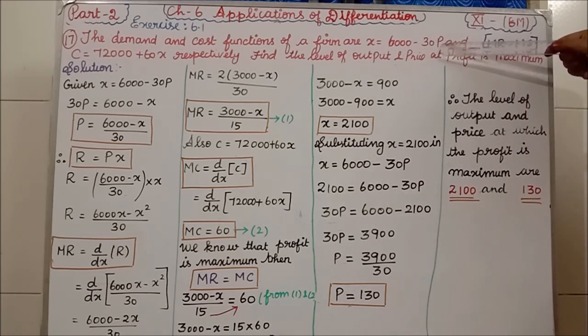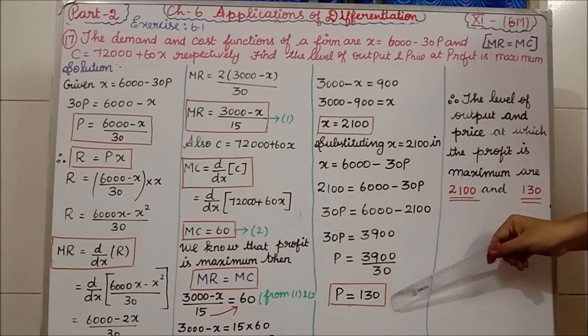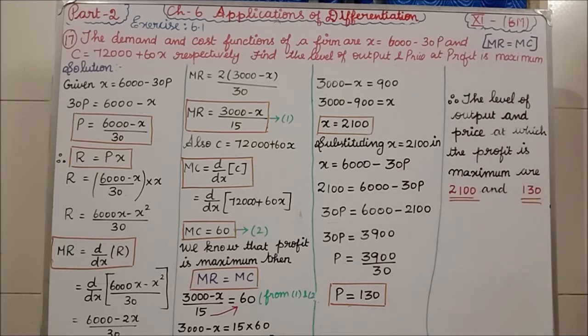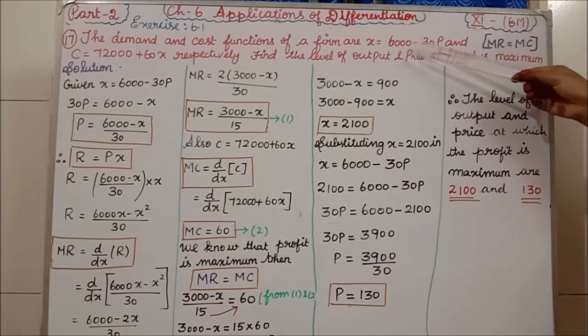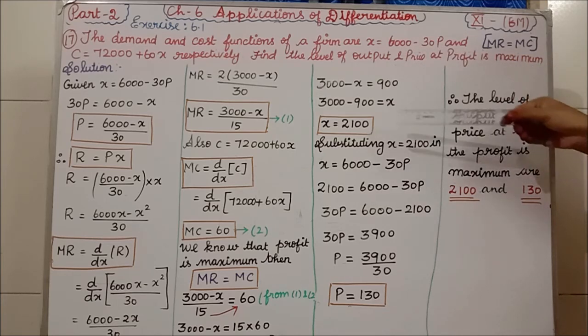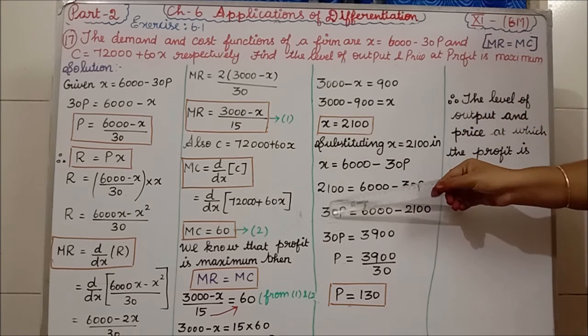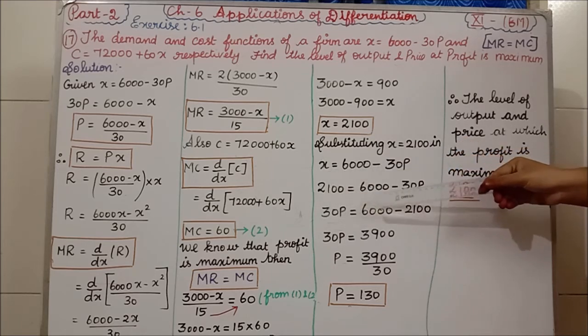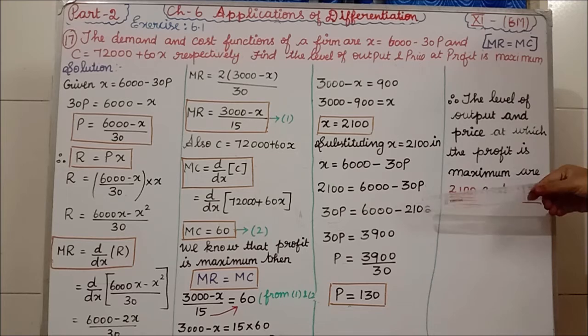That is the price, isn't it? So from this we will get the price. x equal to 6000 minus 30p, and instead of x we have 2100. So 2100 equals 6000 minus 30p. Take 2100 to the right and 30p to the left.